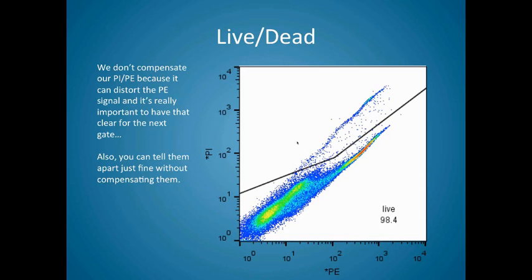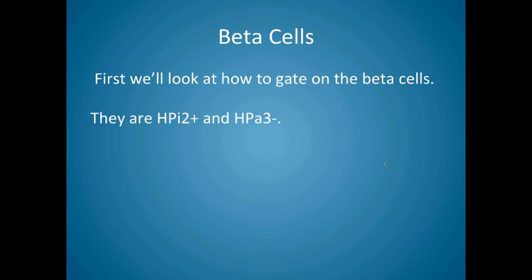So it's very clear which ones are PI positive and which ones are PE positive. So you don't really need compensation in order to distinguish between those. So first we'll look at beta cells and how to gate on the beta cells, and after that we'll look at the alpha cells. Beta cells in this case are defined as the population that's HPi2 positive and HPa3 negative.